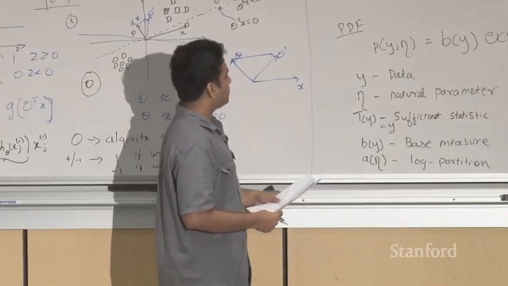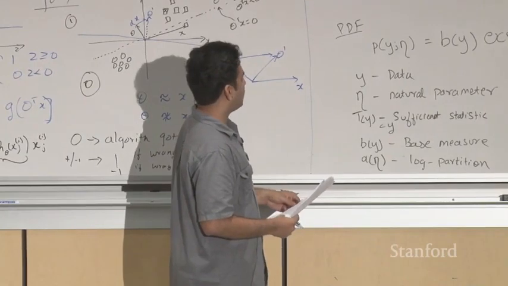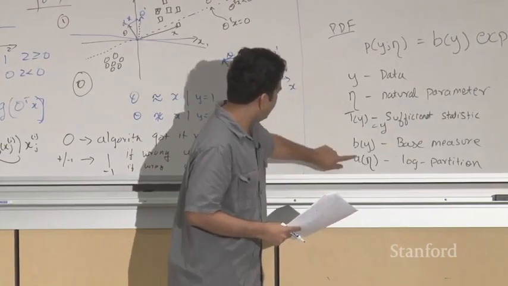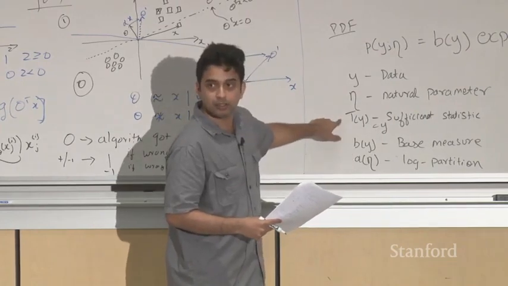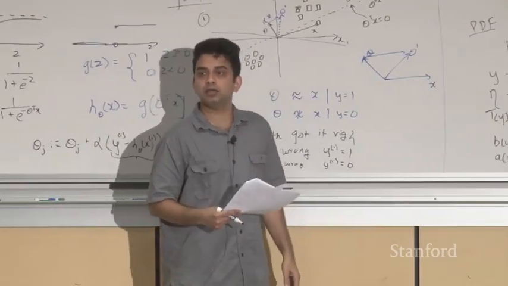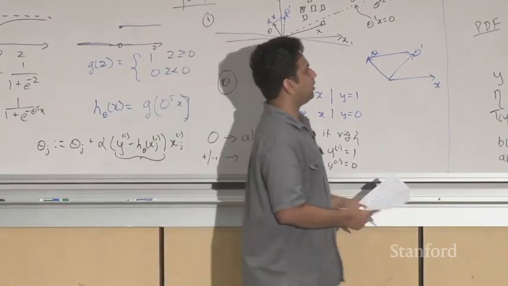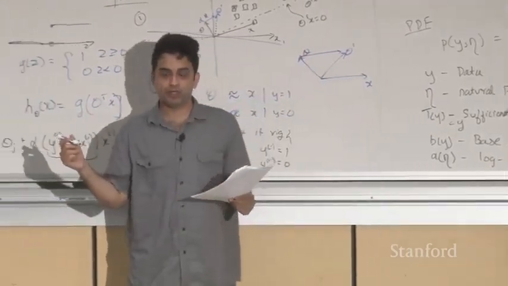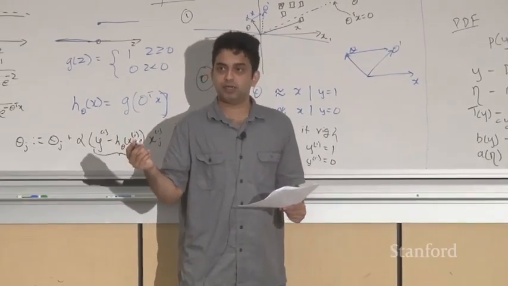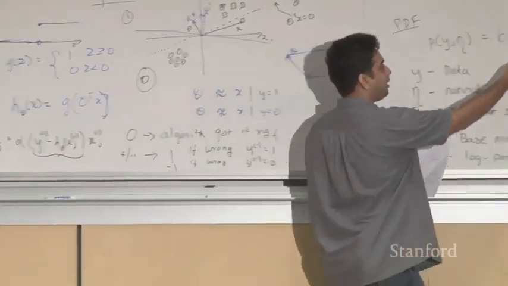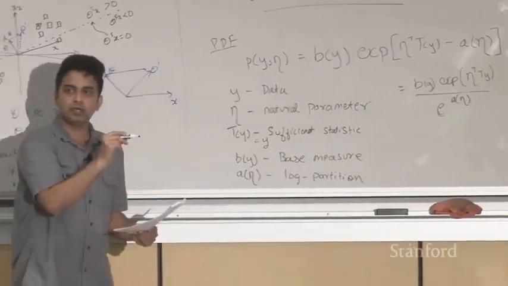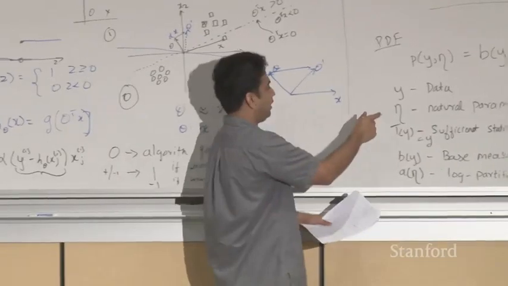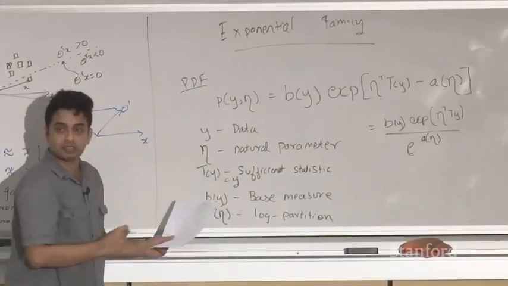Now, you can plug in any definition of B, A, and T. So Y is your Y, and for most of our examples, it's going to be a scalar. Eta can be a vector, but we will also be focusing, except maybe in softmax, on a scalar.